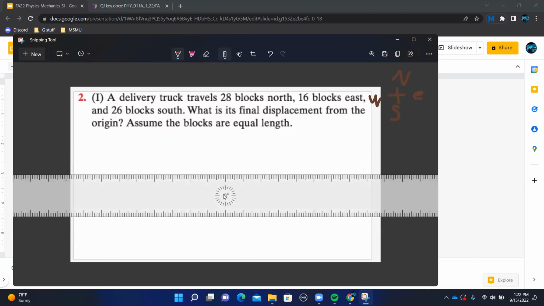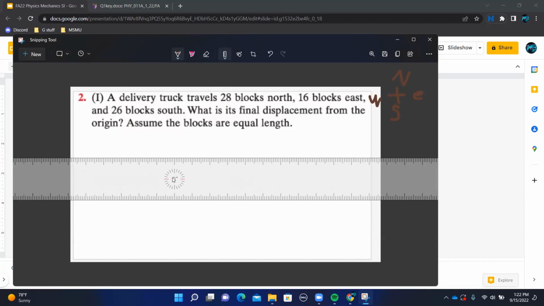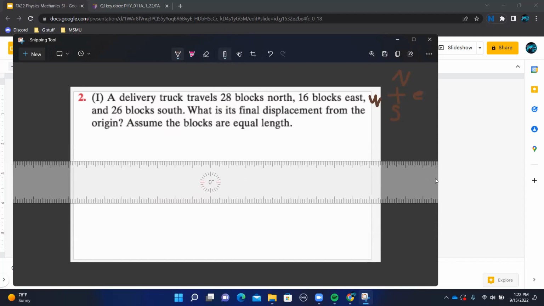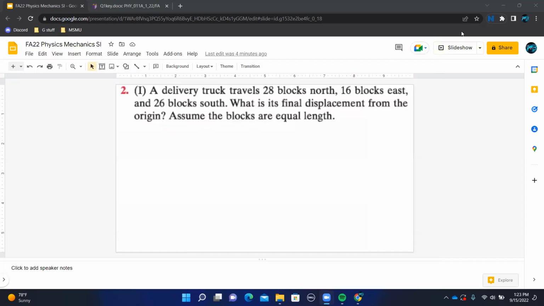I'm usually doing this on my computer. Never mind, this is redundant since I can't seem to rotate the ruler. That's fine. So I'm just going to do that, about 28 blocks.